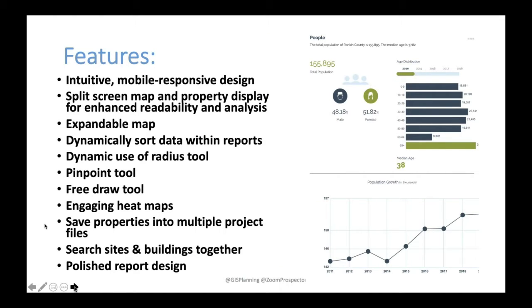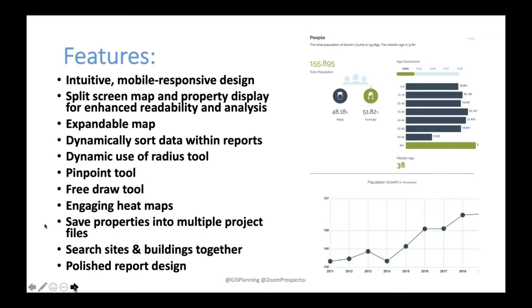So you'll see that ZoomProspector is really a cutting-edge, intuitive, user-friendly site selection tool. It's also a community data tool, and you'll see that you can do community comparison as well. All of our tools are completely mobile responsive and fully featured. So no matter what devices the website visitors are on, they're going to get every one of the features, the maps, all the reports and everything, and be able to do that on whatever size screen they're using.